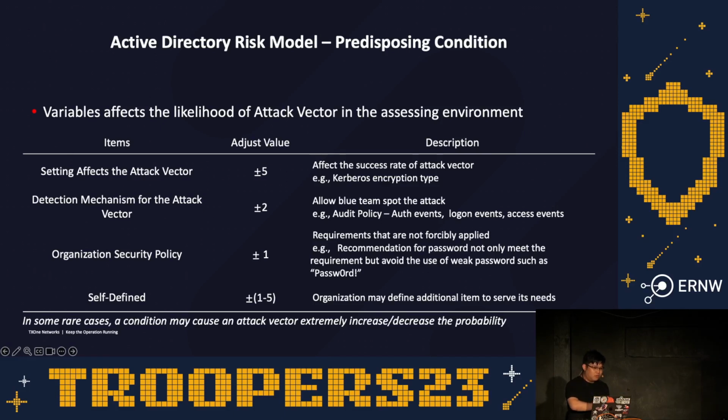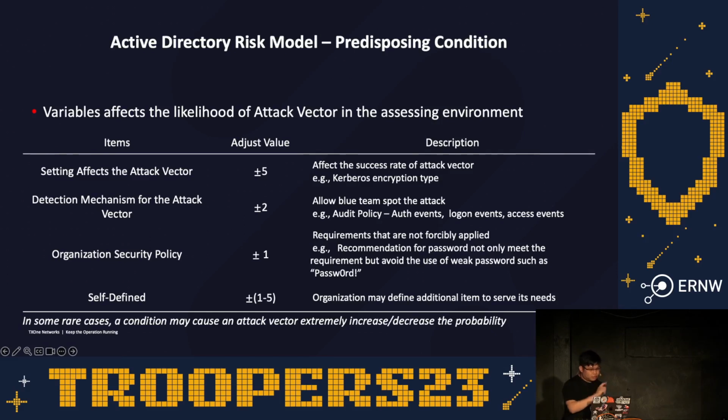For example, we change the Kerberos encryption type from RC4 to AES 128. If we can change this, we provide the adjustment value based on it. Also, if we have some detection mechanism or security policy, we can have a different adjustment value, based on the different environment or different enterprise usage.